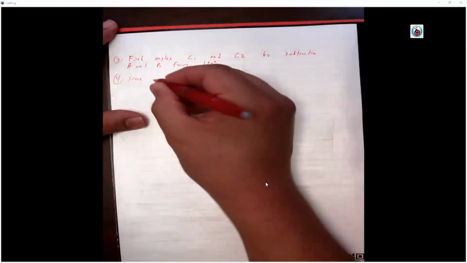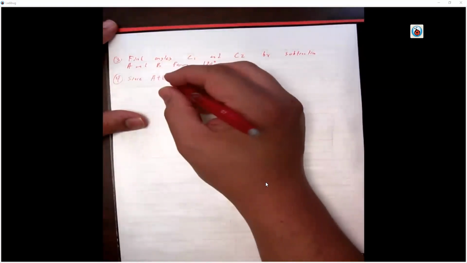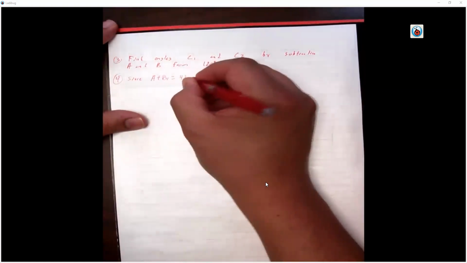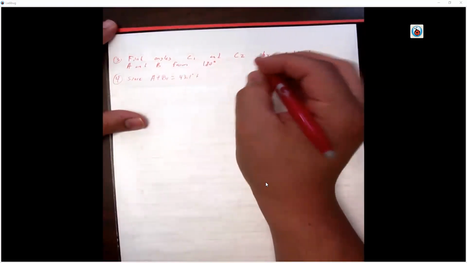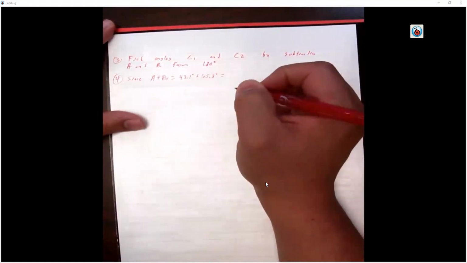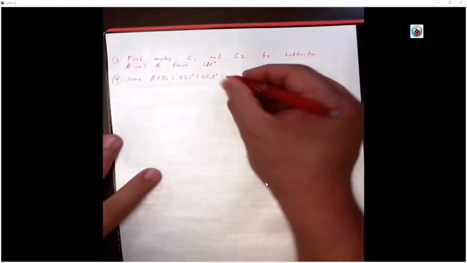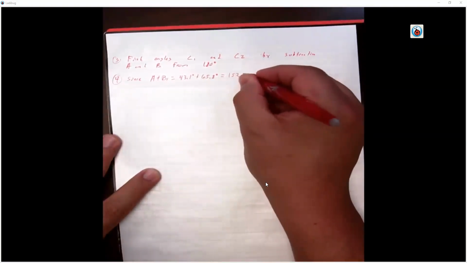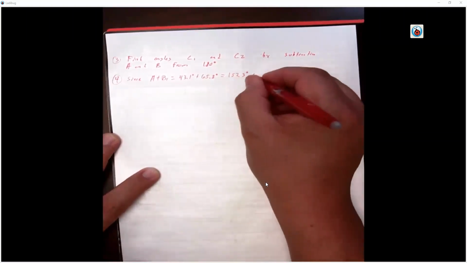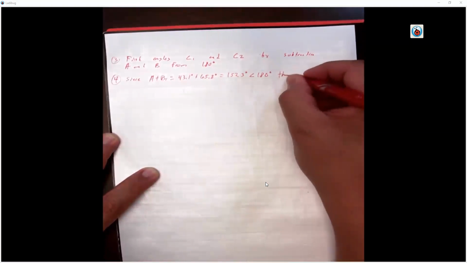Since A plus B1 is equal to, what is A? 43.1 plus 65.8 would be 108.9. Since that is less than 180, then B1 is a solution.